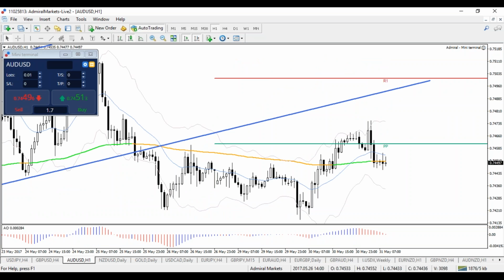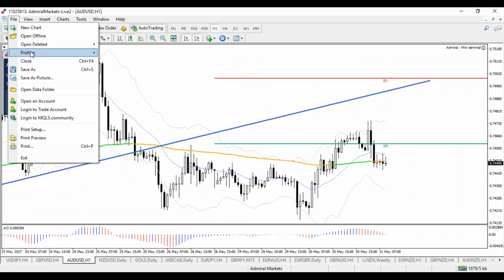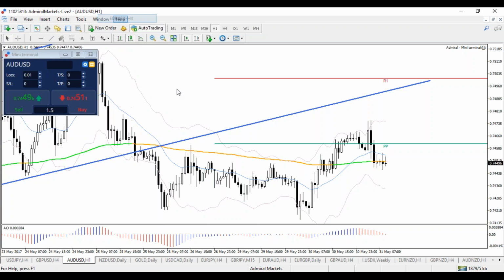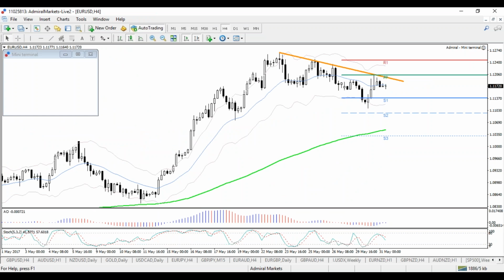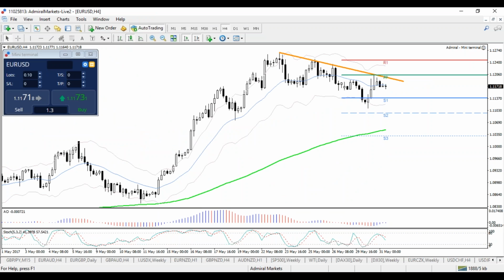The bearishness did happen. I just deleted my euro dollar. The bearishness did happen, but it's not as strong as I would like it. Let's say it's not confirming exactly the bearish development that I was thinking it would.